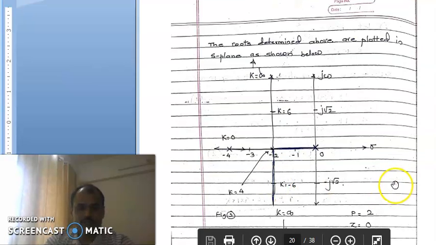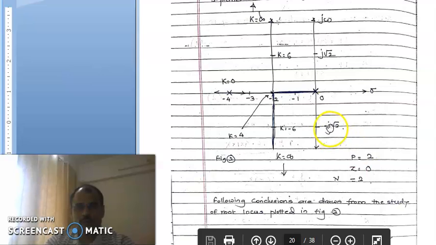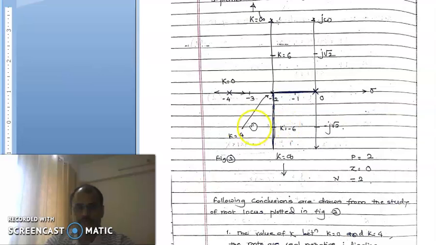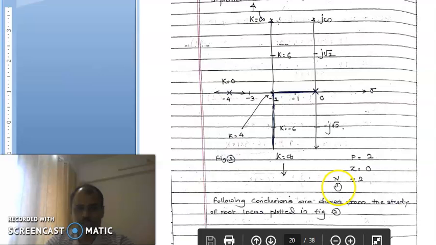Let us summarize again this root locus. The plot of s1, it moves in this way. The plot of s2, it moves in this way. So number of poles are 2, number of zeros are 0, and the number of branches of root locus are 2.